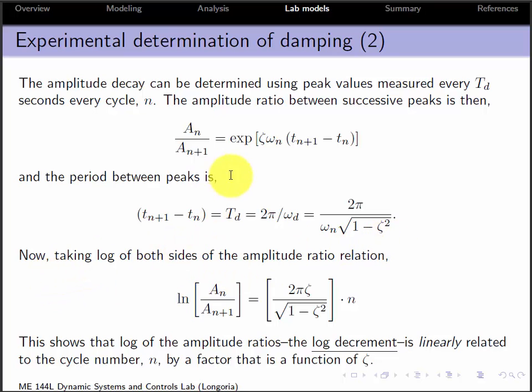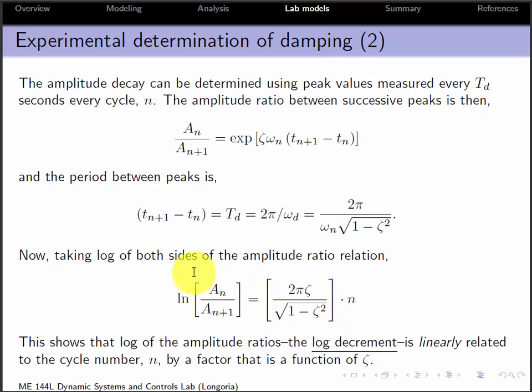So if you now take the log of both sides of this equation, having replaced this time difference with this relation, right, then everything seems to turn out to be a linear relation. The natural log of the amplitude ratios, right, is some constant. Look at this, it only depends on damping ratio times the cycle number, right?